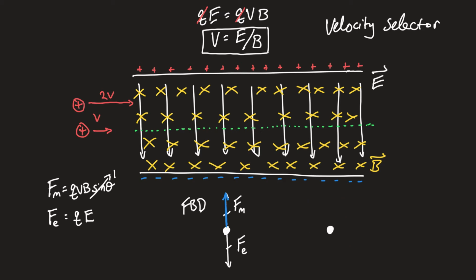So to get the answer to this, we need to just look at each force. The electric force will not change. It will just be QE because we haven't changed the charge and we haven't changed the electric field strength in any way. However, the magnetic force, very importantly, does depend upon velocity. This is quite strange, but it's how the magnetic force works.